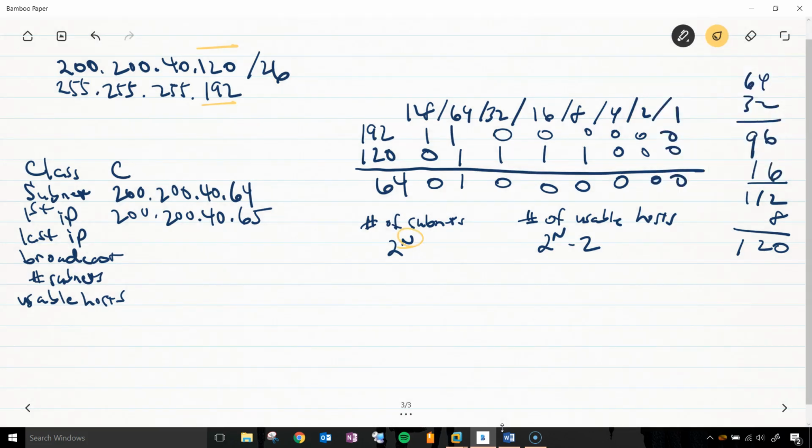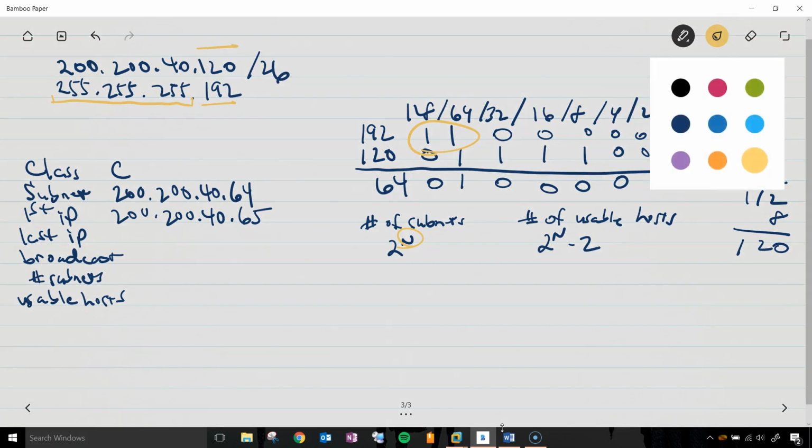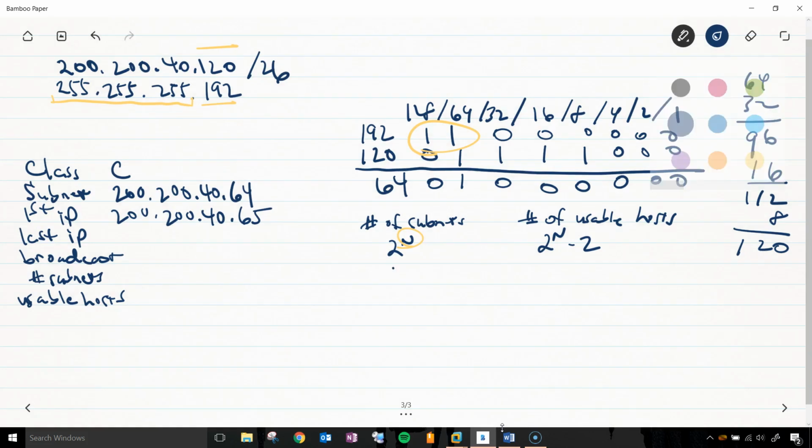So this n here, the default subnet mask, and you need to know your default masks for Class C, is 255, 255, 255, meaning that this 192 are borrowed bits, these two right here, which means that you're using 2 to the power of 2 for subnets.